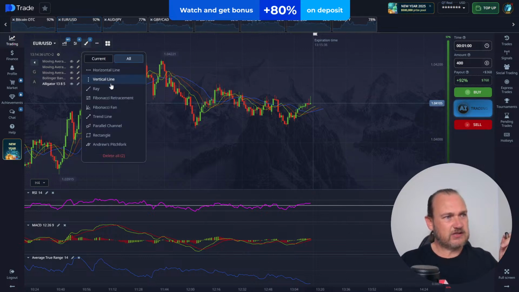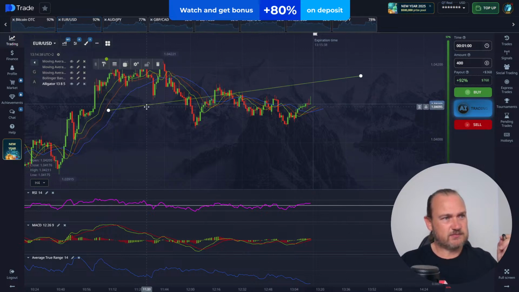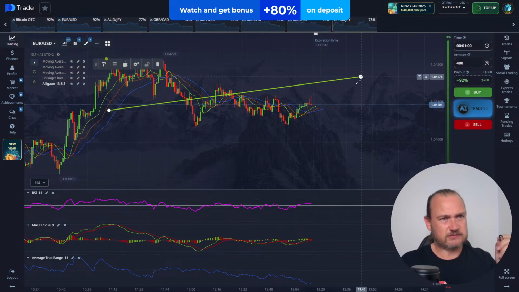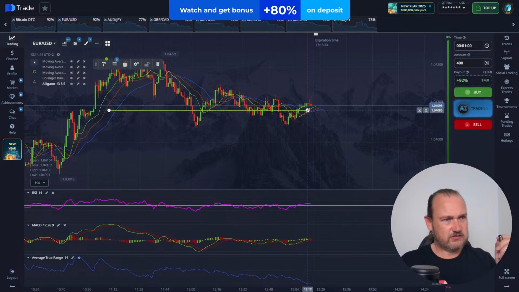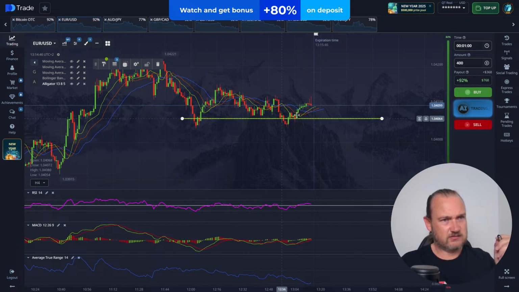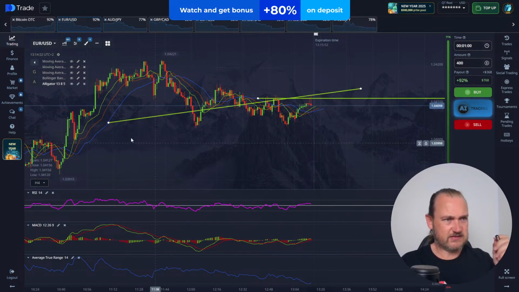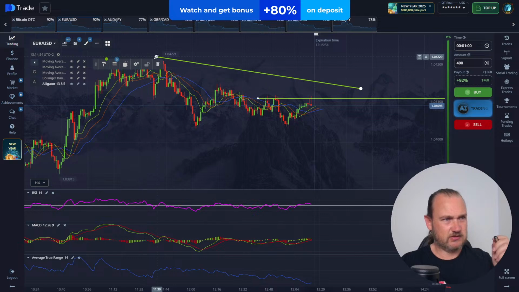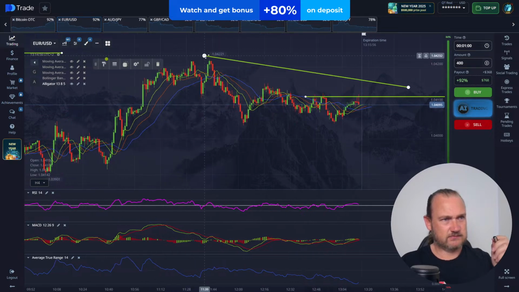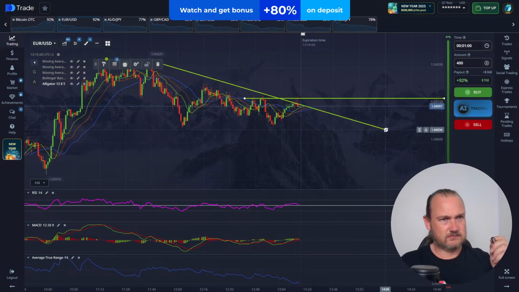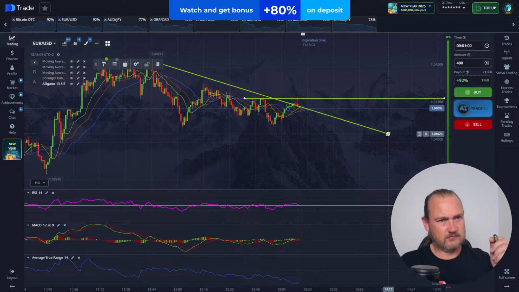Let's draw this in to make this a bit more clear. So first we're going to get a level line there. Okay, so that was the first obstacle for price, and the second obstacle would be kind of there.